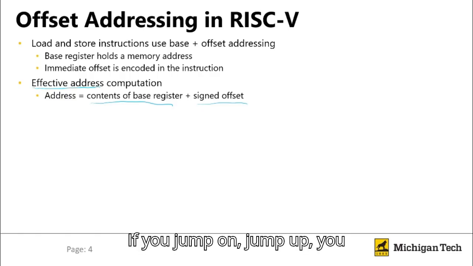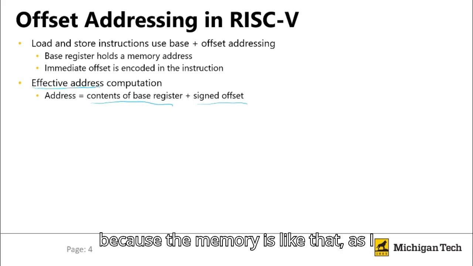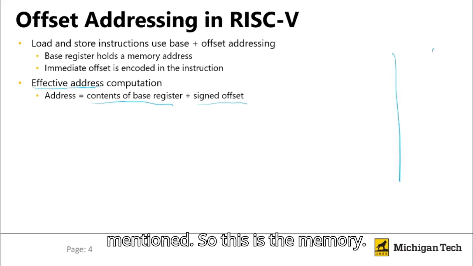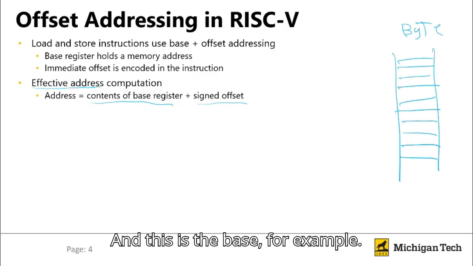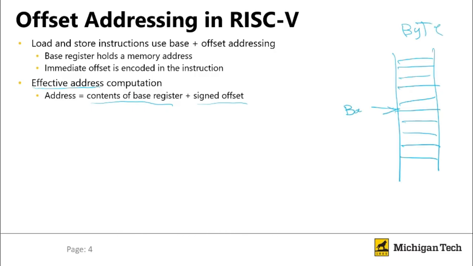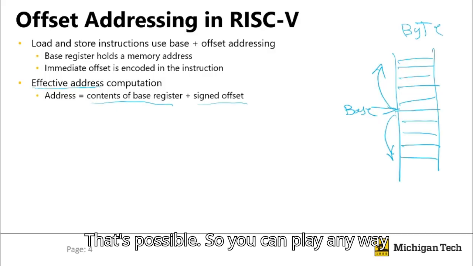You can access anywhere around that base, above the base or below the base, because the memory is like that, as I mentioned. This is the memory, it is byte addressable, and this is the base, for example. So you can jump up or jump down. That's possible, so you can play any way that you like.